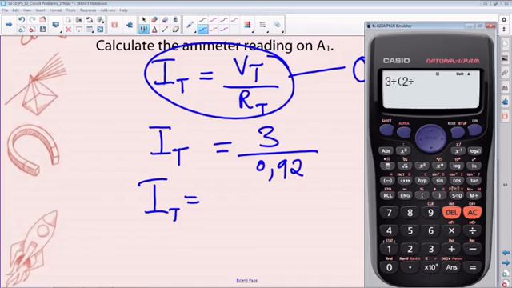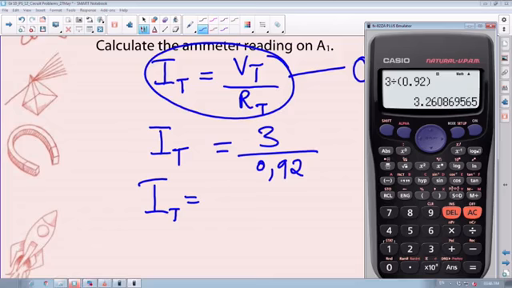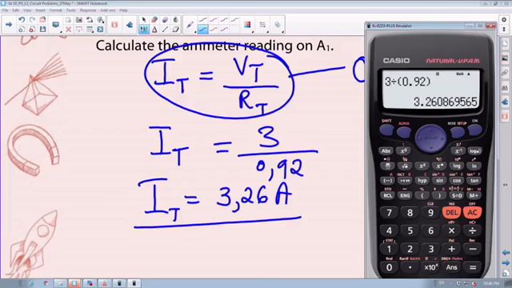Okay, 12 divided by 11, which is 0.92, closed bracket. Then if we change that to 2 decimal places, total current is 3.26 amperes. Very important to indicate the units as far as the current is concerned.